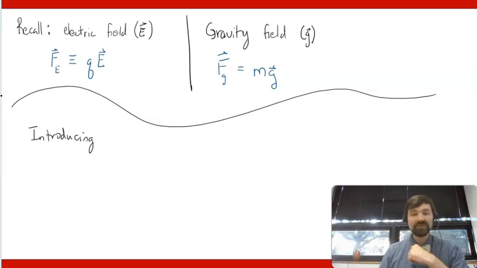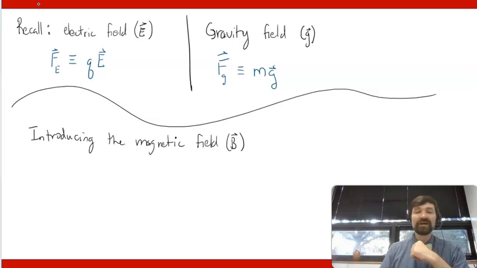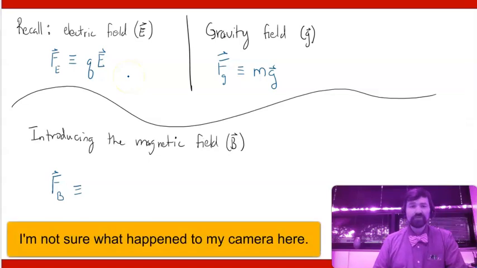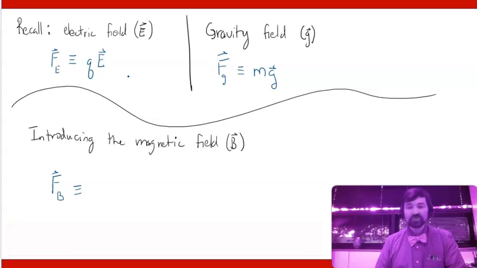So the magnetic field, we will be using a B to represent it, and it's defined much as these equations up here can define the E field and the g field. The magnetic field can be defined by the force that it exerts on a charged particle, but unlike these other two definitions where we simply have force equals relevant term times field, this one actually gets defined by way of a cross product.